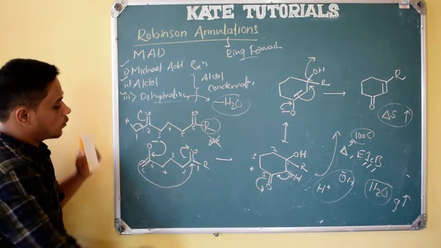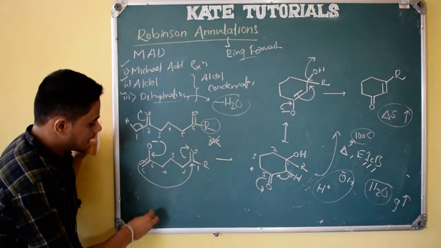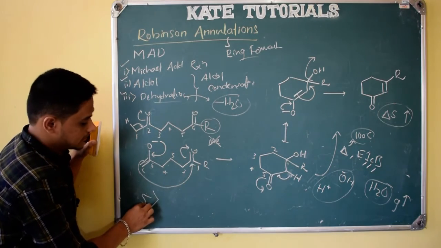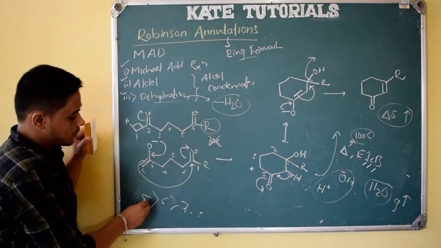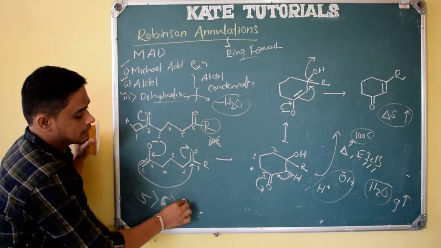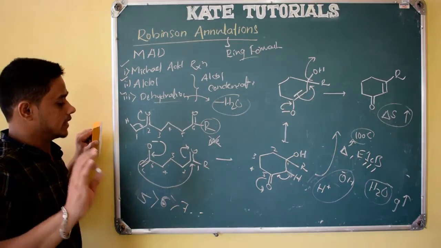And one more thing: why is only a 6-membered ring formed? We know that whenever a ring formation reaction occurs, the 5-membered ring is usually formed first, followed by 6, 7 and so on, because 5-membered is thermodynamically stable compared to 6- and 7-membered. Here there is no chance of 5-membered ring formation.